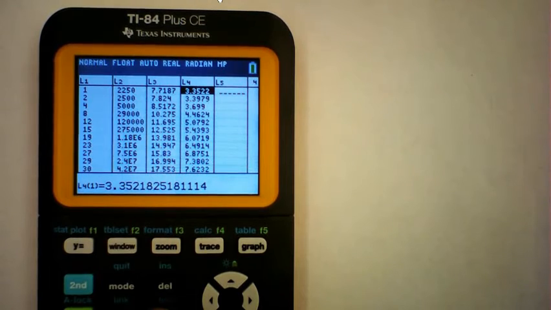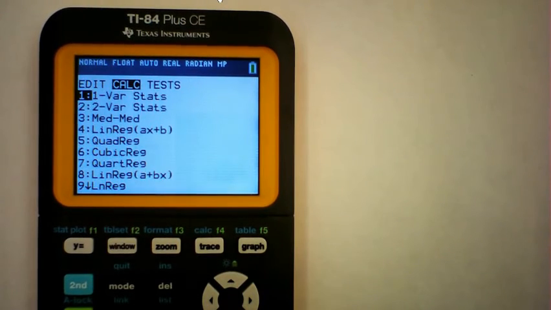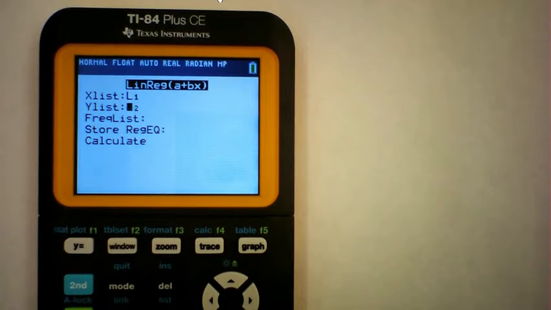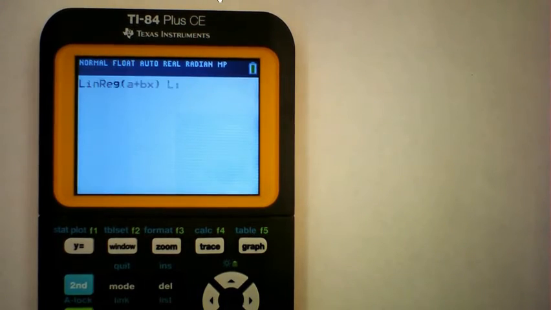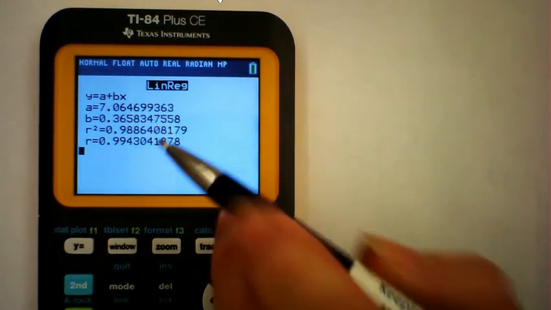So stat calc, linreg L1, and I'll put L3. So this is going to be the natural log, and I'm going to calculate. So I get, there's the form.